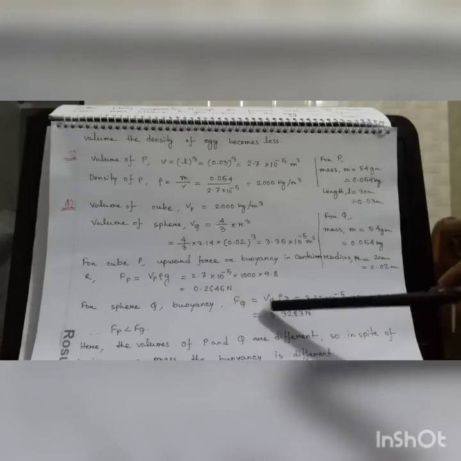From our equation of buoyancy, F equals V rho g, the buoyancy clearly depends on the volume, not on the mass. As the volumes of P and Q are different, in spite of having the same mass, the buoyancy is different here. This was a question related to buoyancy.